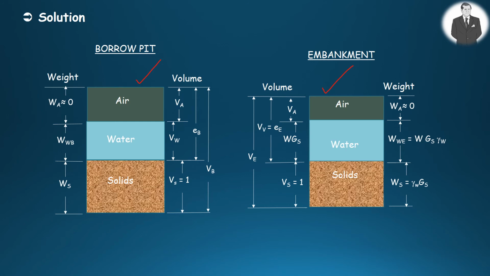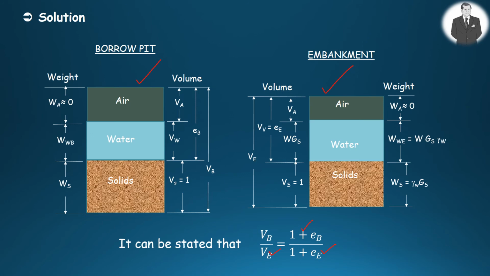It can be stated that the ratio between the volume of soil from borrow pit and the volume of soil at embankment can also be written in terms of specific volumes as given here. Now, what we know in this equation: we know the compacted volume of soil at embankment, and the void ratio of soil at embankment, because soil is compacted at embankment at a ratio of 0.71.